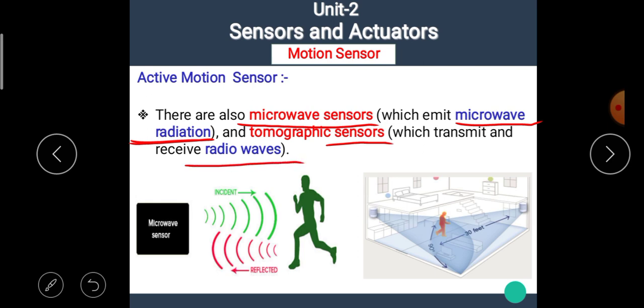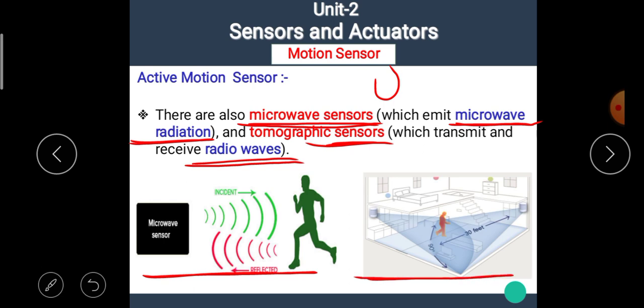That means depending upon the radiated or reflected wave, the sensors are classified as the ultrasonic sensor, which transmits and receives ultrasonic waves, the microwave sensor, which transmits and receives microwave radiation, and the tomographic sensor, which transmits and receives radio waves. This is the microwave sensor, and this is the tomographic sensor.